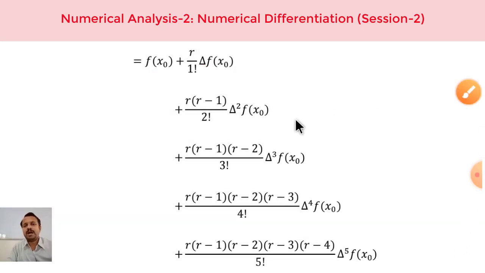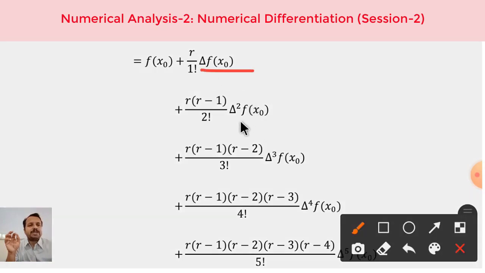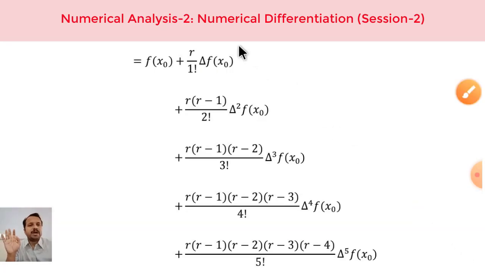We know very well how to construct the forward difference table, and using that we can get the values of these differences. So here these are simply constant numbers. This we have to keep in mind. In the formula, these are all constant values.